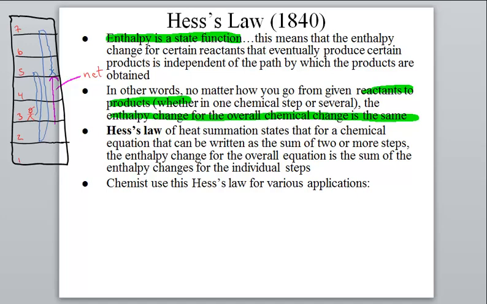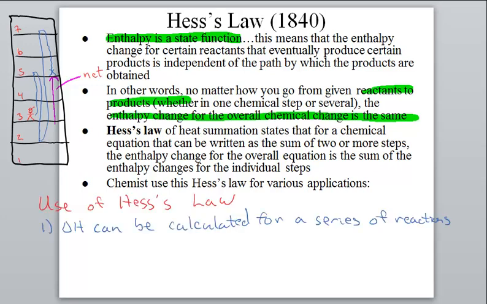So the slide where we were just on shows us a use of Hess's law. The net enthalpy change can be calculated for a series of reactions. The other application we're going to see on the next few slides is how Hess's law is used to calculate delta H for reactions that you cannot do experimentally.